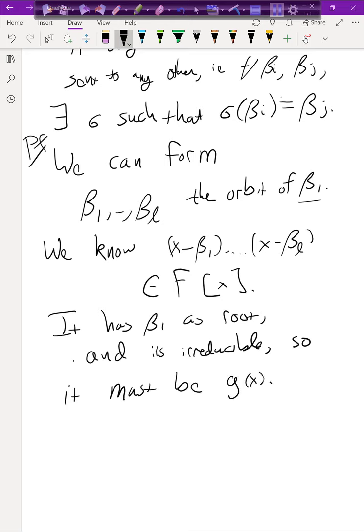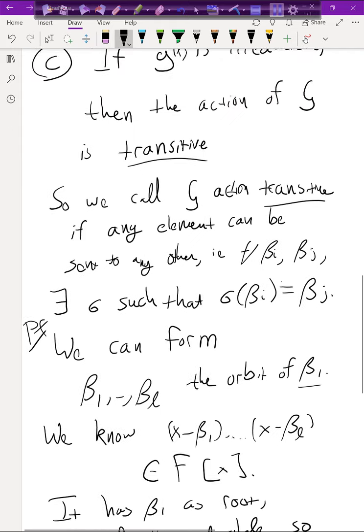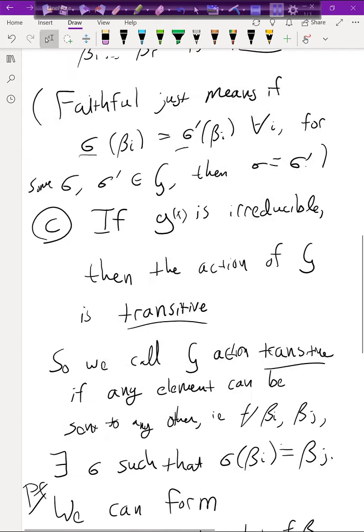So beta 1 through beta l is actually equal to beta 1 through beta r, i.e., we found all the roots. And the action of G really is transitive.